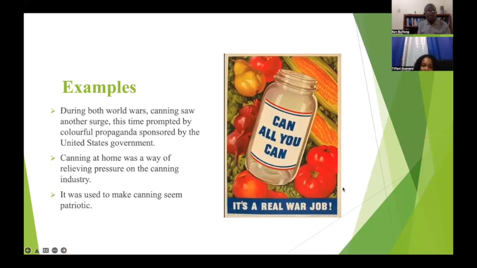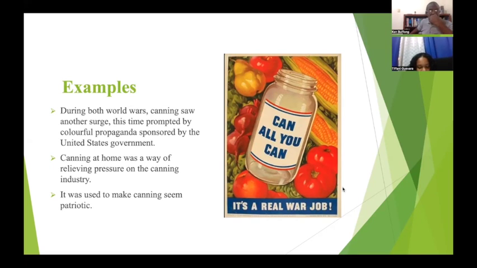Another example of propaganda used by government officials would be canning. During both World Wars, canning saw a huge surge. Home canning was made popular by both wars as it was prompted by colorful propaganda sponsored by the US government to make canning seem patriotic.